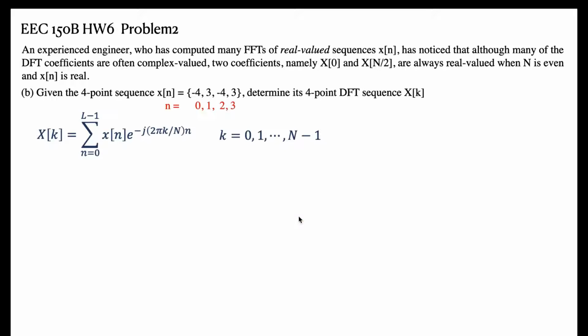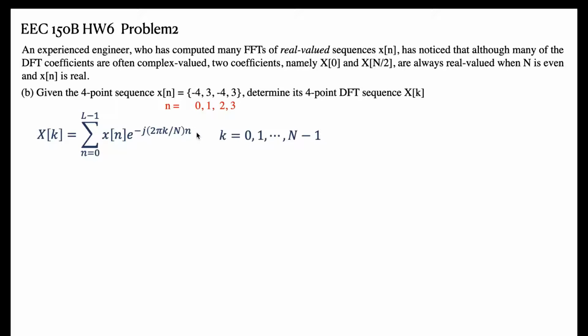So now in part B, you are given the 4-point sequence x[n] equals -4, 3, -4, 3. And it's asking you to determine its 4-point DFT sequence X[k]. So in the class, you have learned the DFT of the finite-length signal x[n] is defined as X[k].